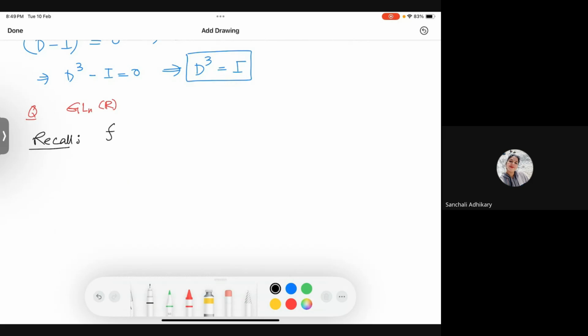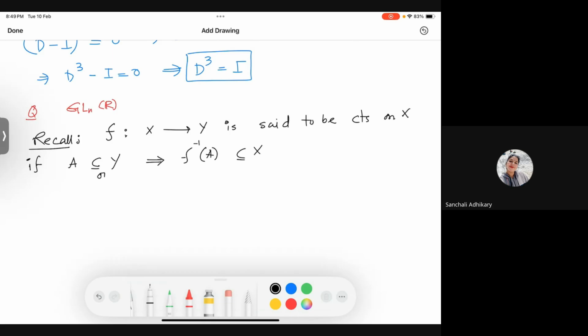A function from X to Y is said to be continuous on X if A is open in Y implies f inverse A is open in X. Do you know this fact?